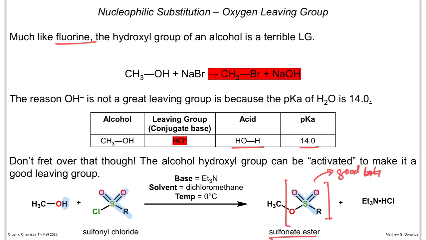sulfonate ester. So we can't just treat this with a nucleophile and expect OH minus to leave because hydroxide is not really stabilized according to the pKa argument. But we can take the H, transform it from an alcohol into a sulfonate ester.